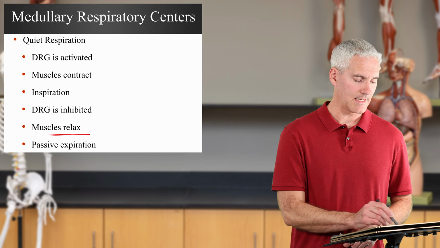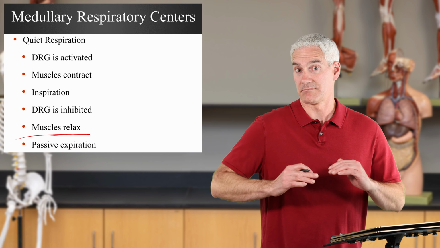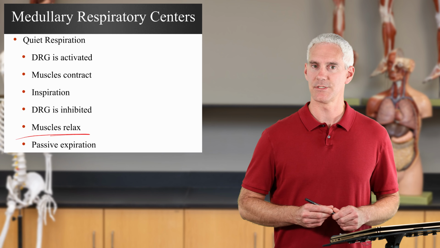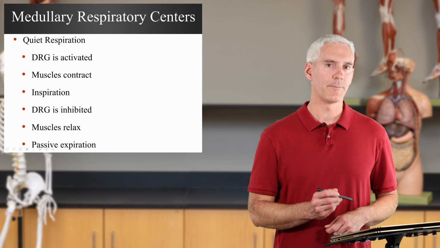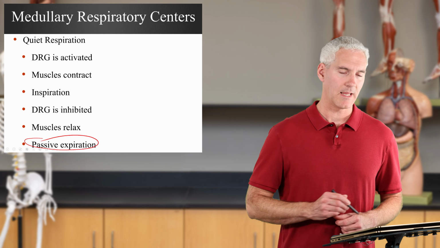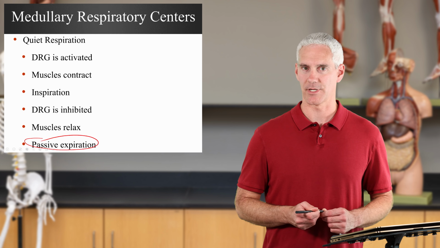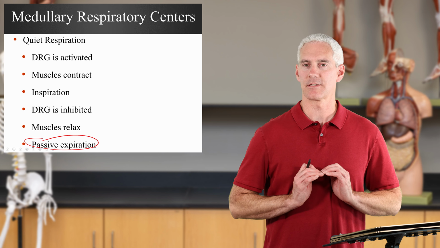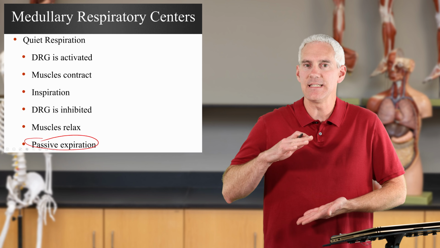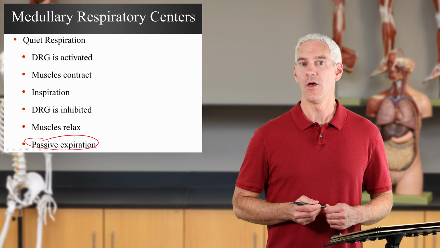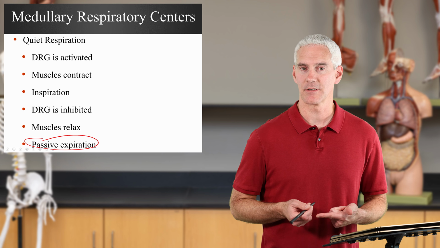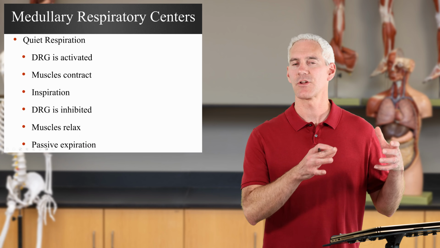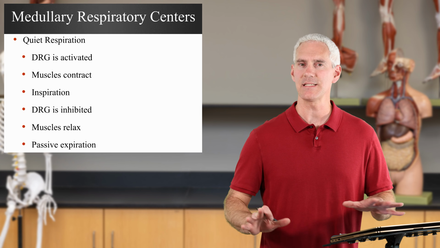By doing that, it allows those inspiratory muscles, the diaphragm primarily, to relax and go back to its dome shape. By going back to its dome shape, it allows passive expiration. By allowing the muscle to naturally recoil to its resting state, you've decreased the lung volume, which increased the pressure, and air flowed out passively. That's quiet, standard, basic respiration.